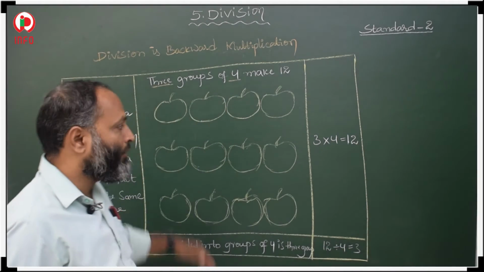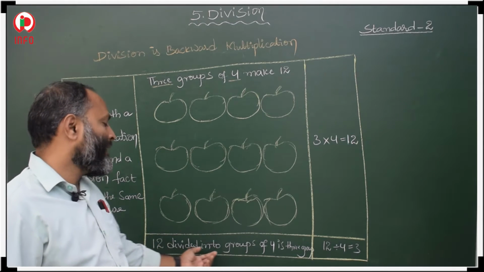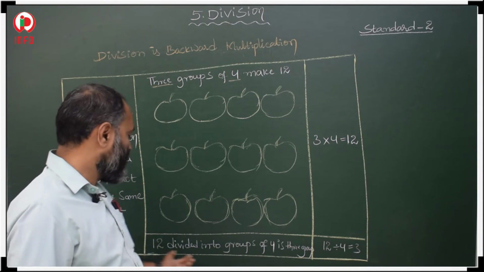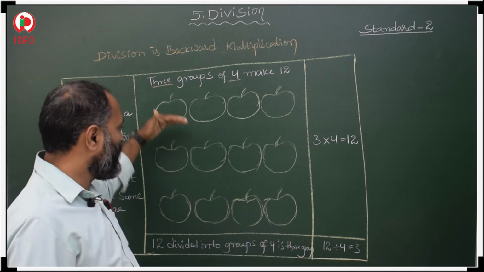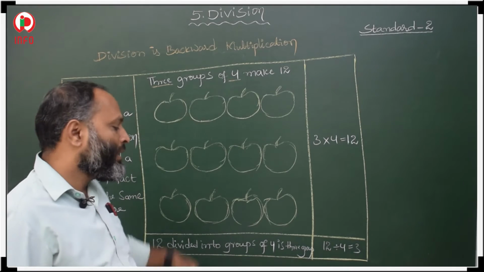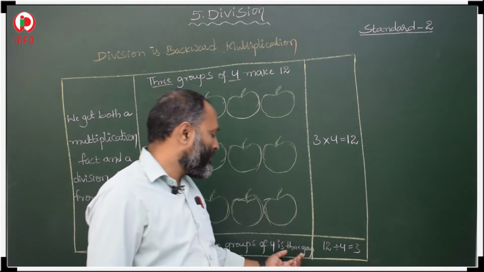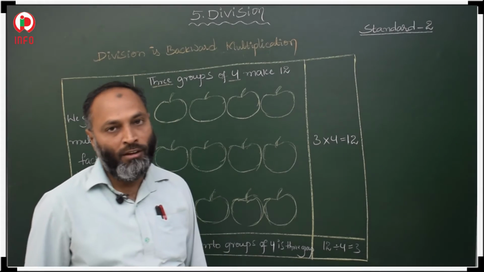These 12 fruits divided into groups of 4, 4, 4, then 3 groups we can form.